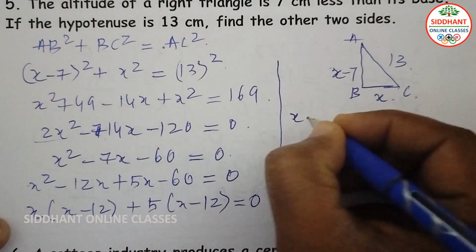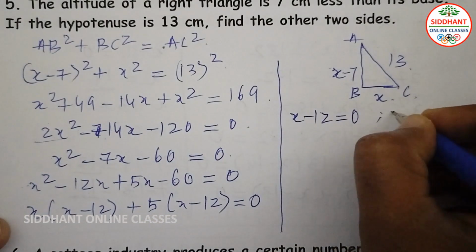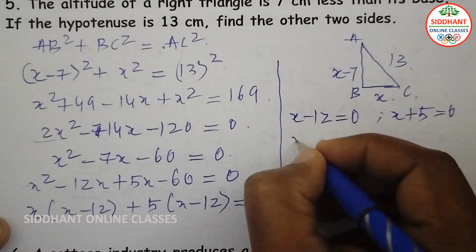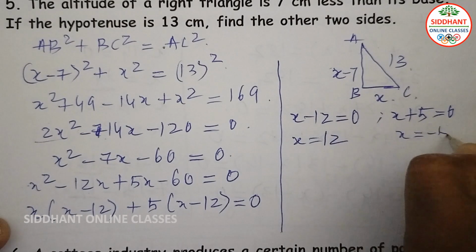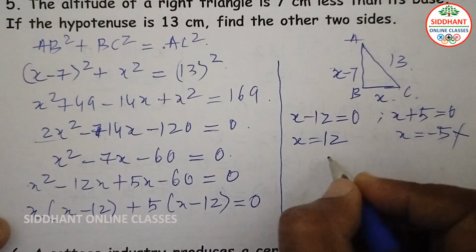So one is x minus 12 equal to 0, other is x plus 5 equal to 0. So x equal to 12 here, here x equal to minus 5 here. So omitting minus 5, taking 12.